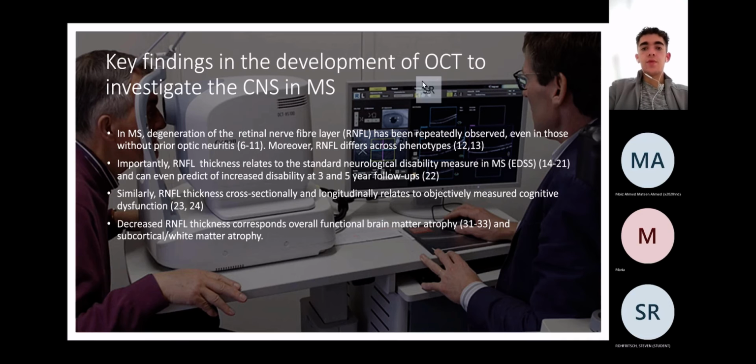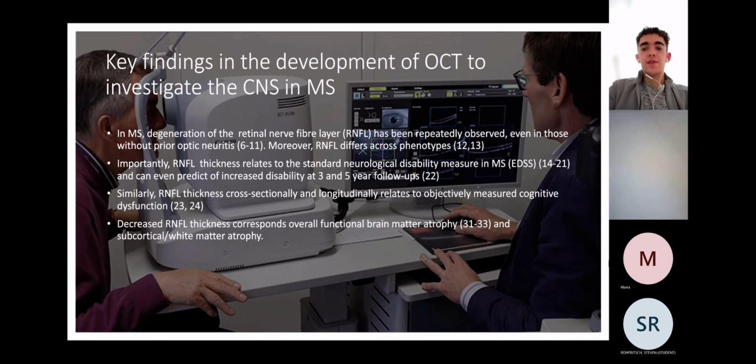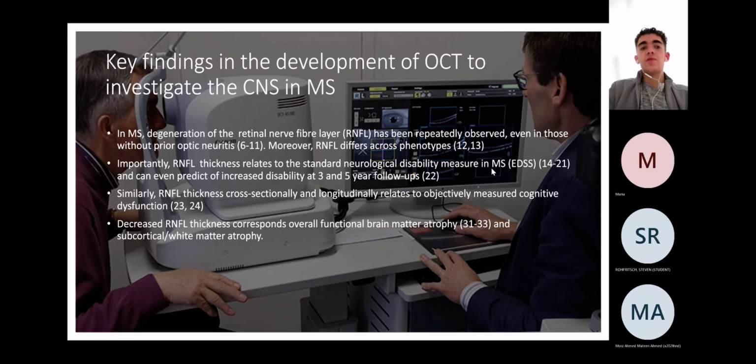Okay. So importantly, there's been a number of key findings along the way in the development of OCT as a tool to investigate the central nervous system in MS, right? The retinal neurofiber layer has been repeatedly observed in people with MS to have degeneration.